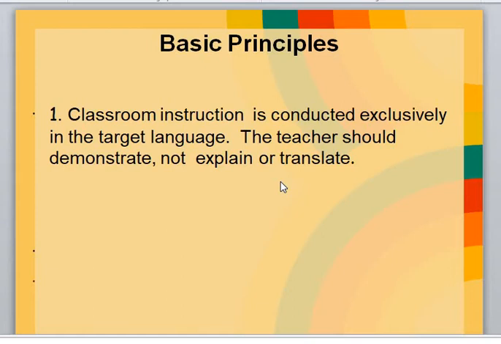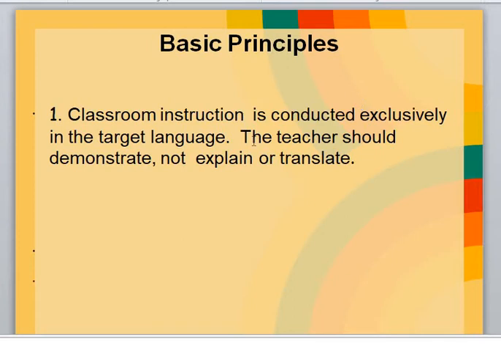Whatever the rules, whatever the instructions teachers are giving in the classroom, they should explain and teach in the target language, not in the mother tongue, which is basically the strategy of grammar translation method. So all the instructions of the classroom will be given by the teacher in the target language. This is basically the point of view of direct method.